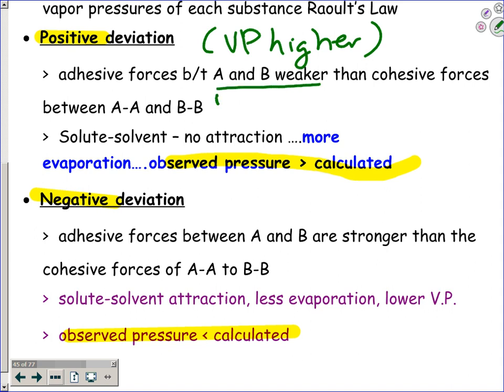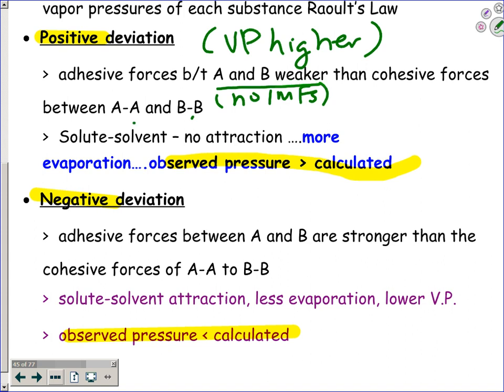You don't have any IMFs between the particles A and particles B. Instead, they're more cohesive within themselves. So cohesive means sticks to yourself. And then as that evaporates at its normal rate of evaporation, it's going to accumulate those vaporization pressures, make it summative, plus the fact that these don't like each other will almost make them evaporate faster.